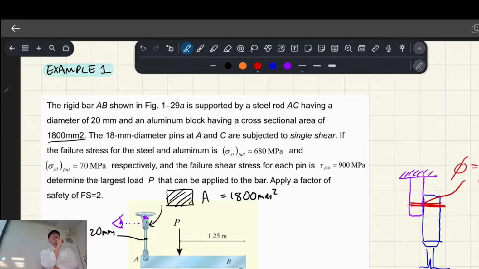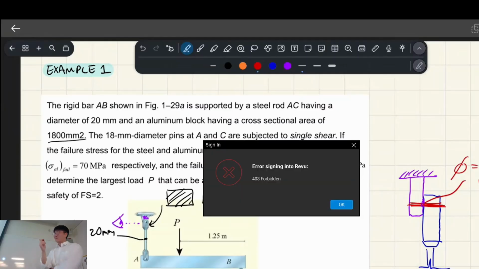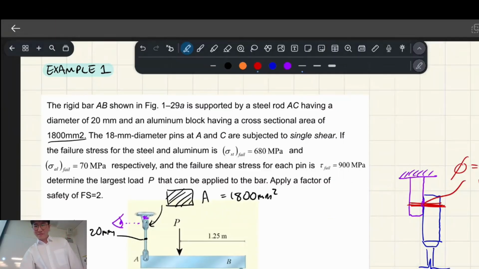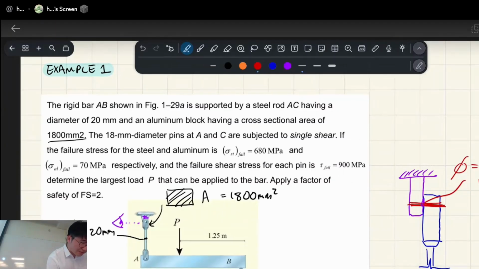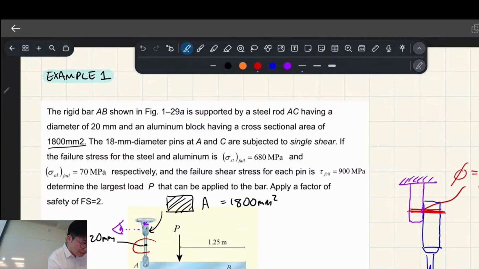I'm getting some confused looks, but I want to take the time to explain all the elements here. So we've got 3 things. We've got the hanger rod. We have the aluminium block, which has a certain cross section, 1800.